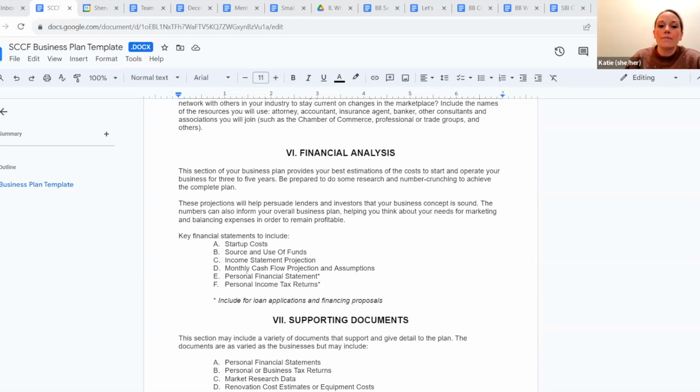Okay. Next, we have our monthly cash flow projection and assumptions. And again, this is getting into the nitty gritty about where the money will come in, and where it will go out. Prove here that you have enough money to pay your staff and your bills, right? You're breaking even so that you can do that. And this is where we want a little bit of narrative: how are you making those assumptions, right?